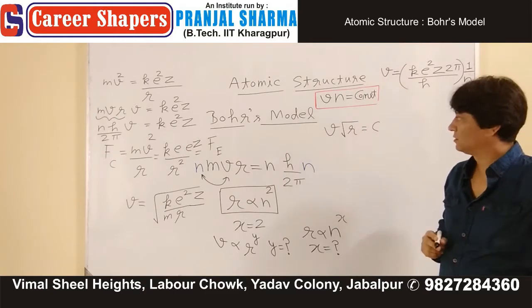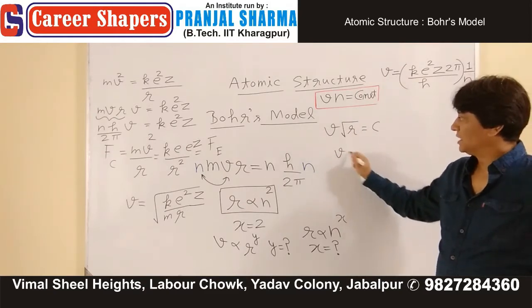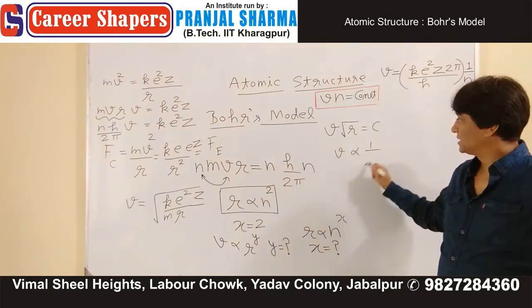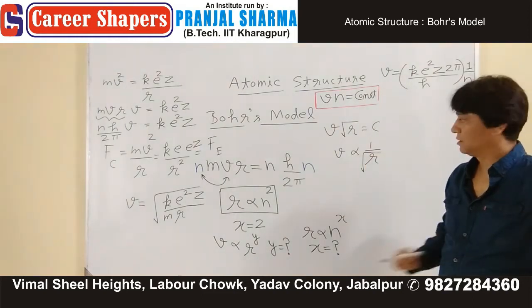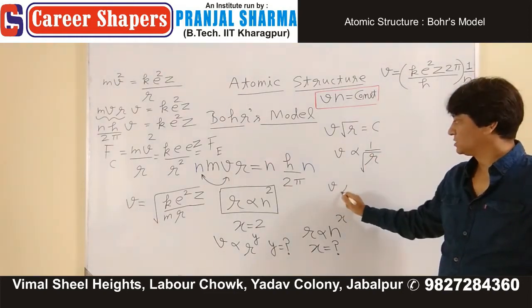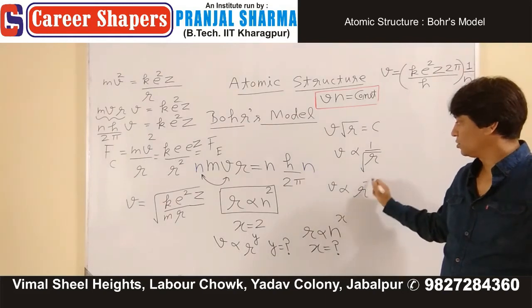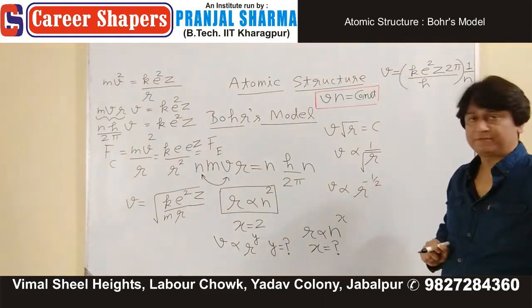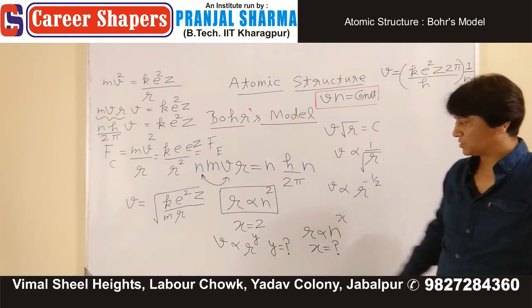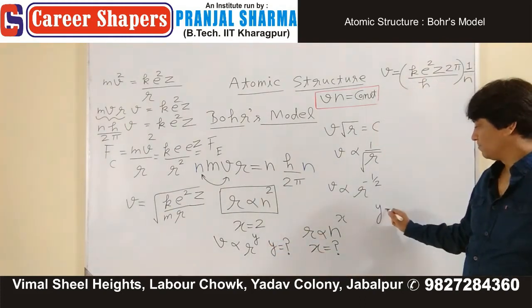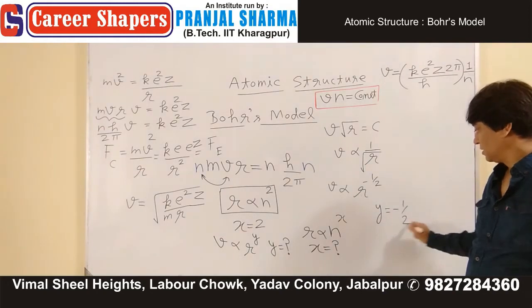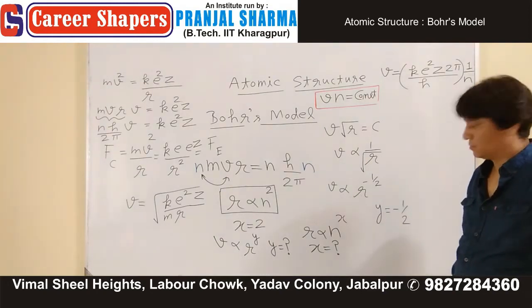Another constant. This tells us that V is inversely proportional to square root of R, or V is proportional to R to the power minus half. So I'm asking you what the value of Y is. Y is coming minus 1 by 2.